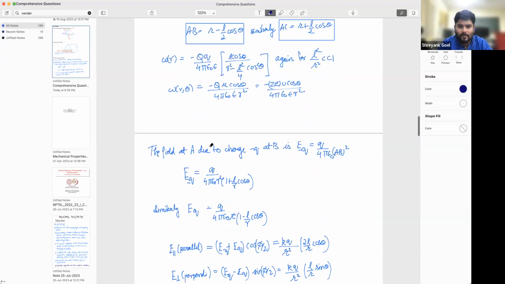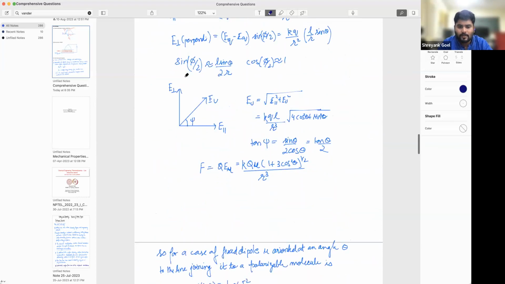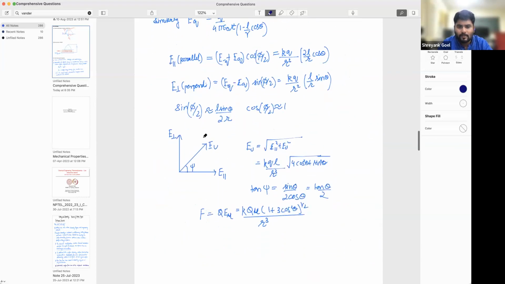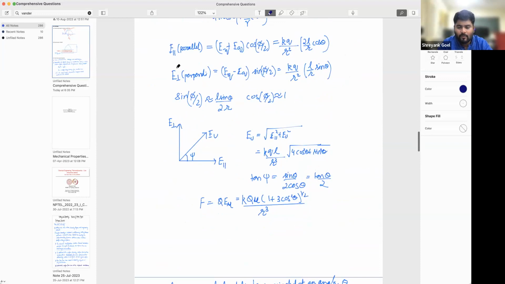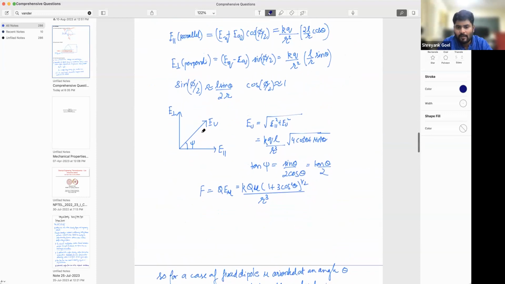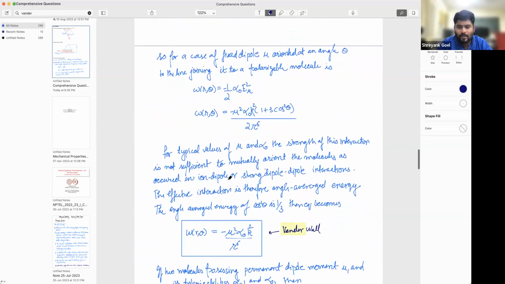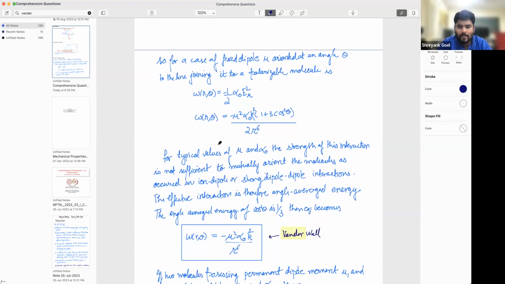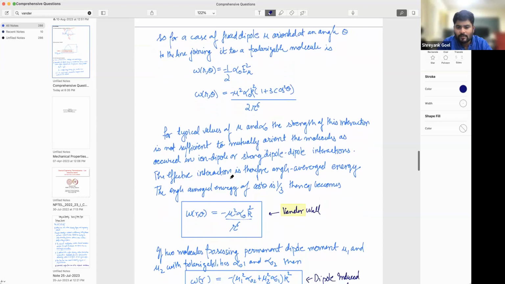The electric field due to this dipole is the summation, or the magnitude, of the parallel and the perpendicular electric field. When we resolve these components and find the net field, this net field affects the other dipole that we put. And we have found that it goes as r to the power 6.